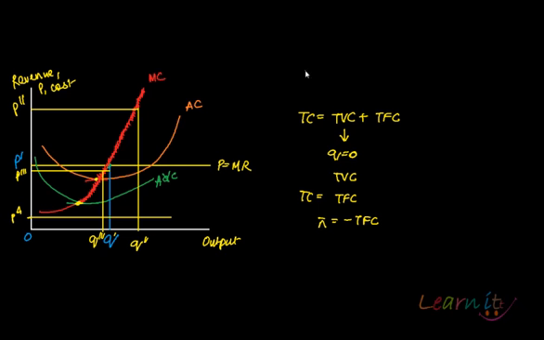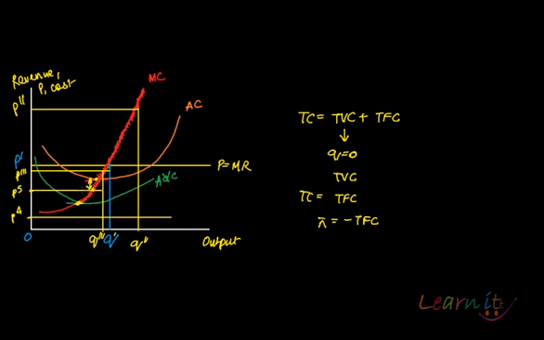Now, supposedly the price would have been somewhere here. Yeah, here. Supposedly that is P5. Even at this price, as you could see, it is not able to cover its average cost.